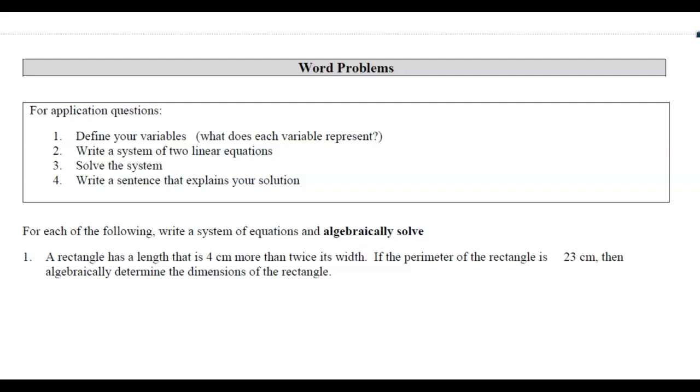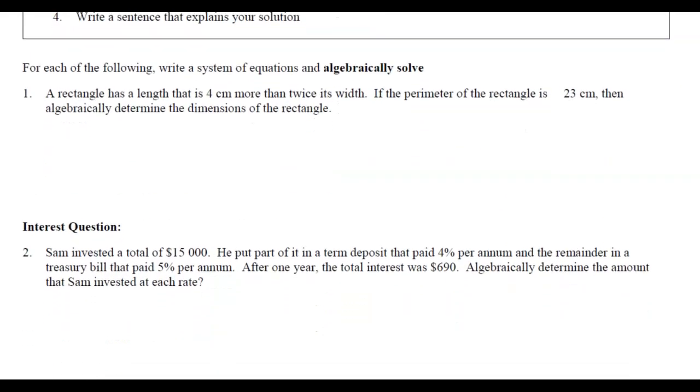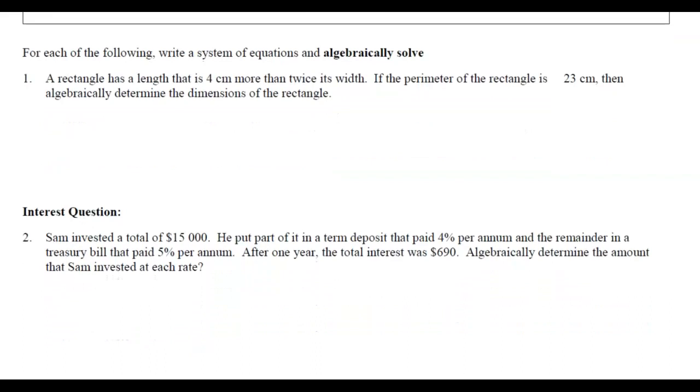Okay, so let's take a look here. First one is a rectangle has a length that is 4 centimeters more than twice the width. If the perimeter is 23, algebraically determine the dimensions of the rectangle. So you could even draw a little rectangle here.